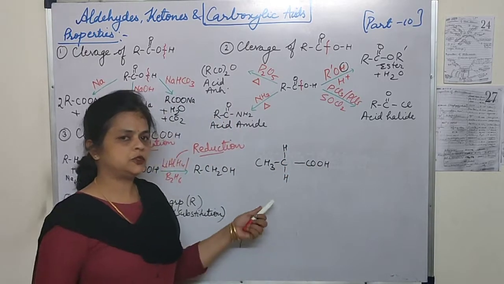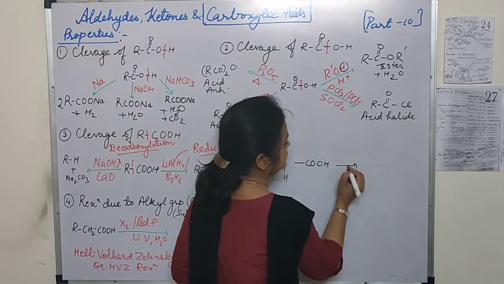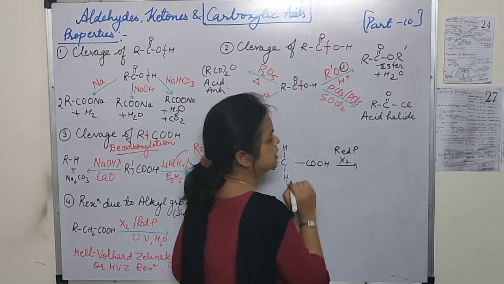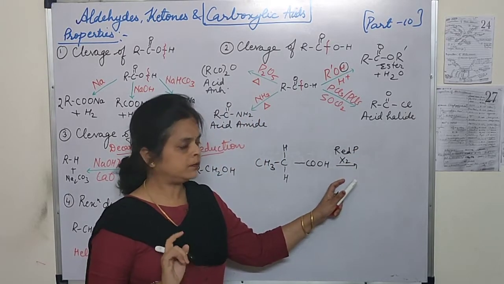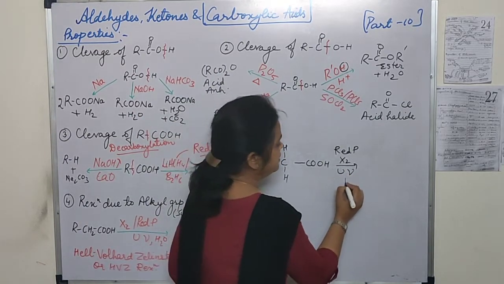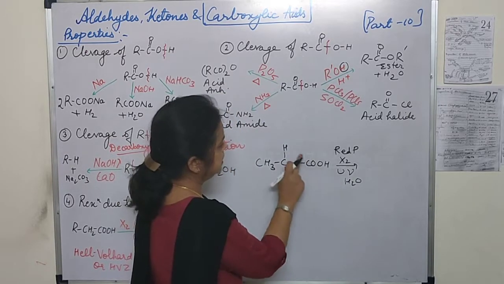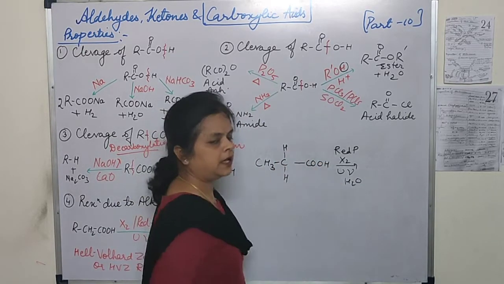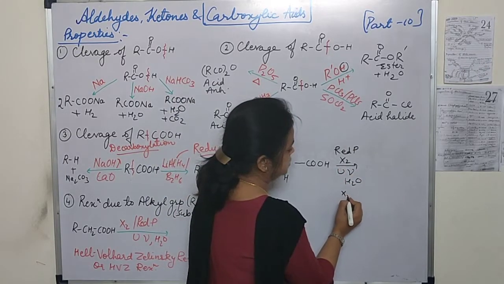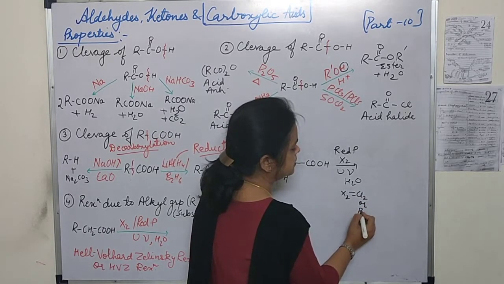In this, the substitution of alpha hydrogen takes place when you are making it react with red phosphorus and halogen. Now halogen can be chlorine or bromine. In presence of sunlight and followed by hydrolysis, this H will be replaced by X. Either it is Cl or Br. Okay, so X2 can be chlorine or bromine.